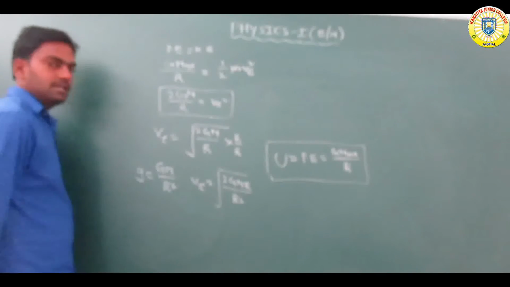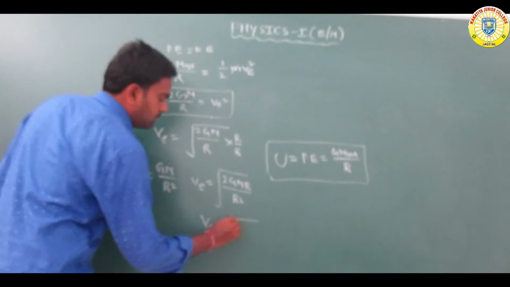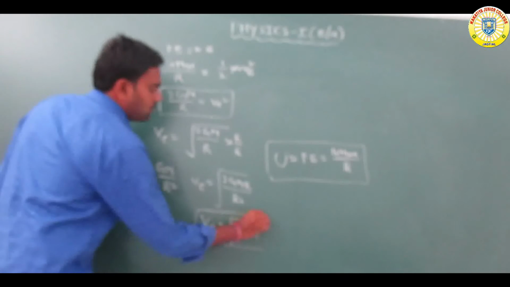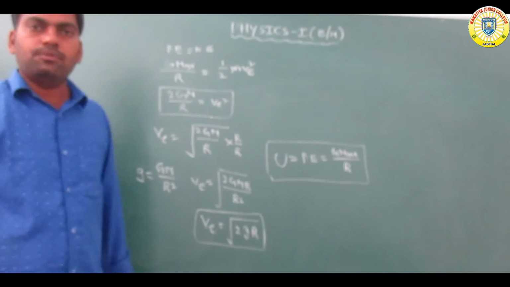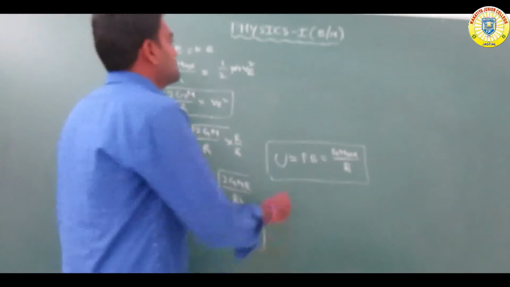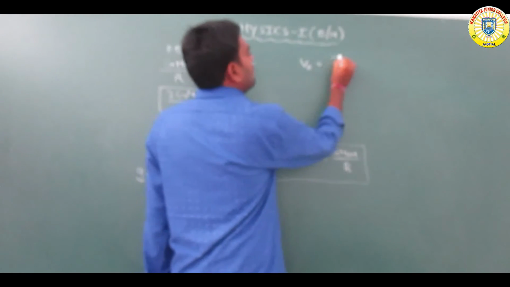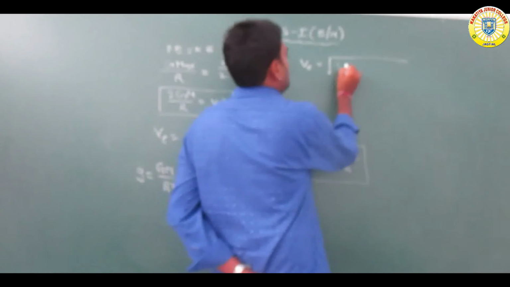GM by R square is equal to small g. So v is equal to the square root of 2gR. This is called the escape velocity from gravitational influence. So the escape velocity is calculated as v is equal to the square root of 2 g R.